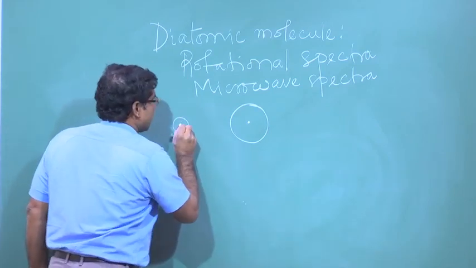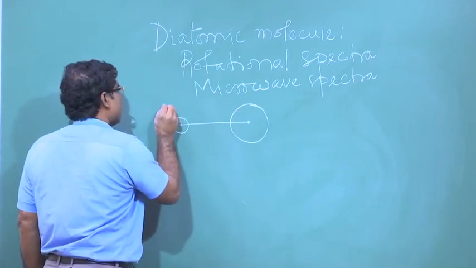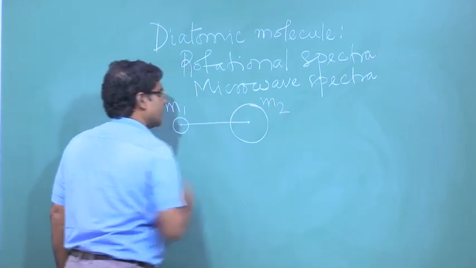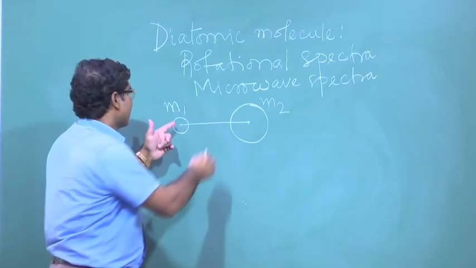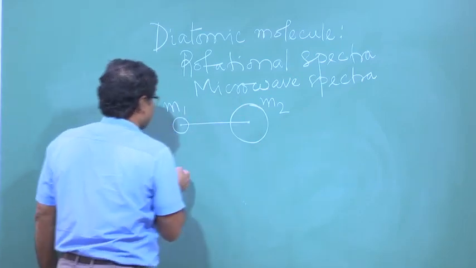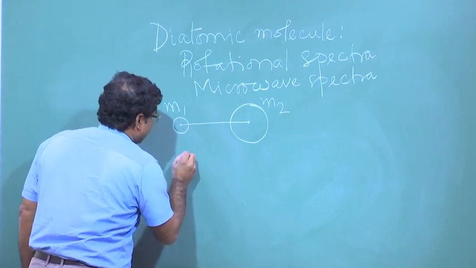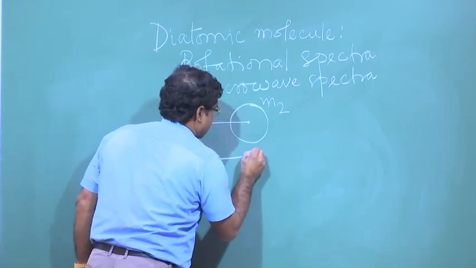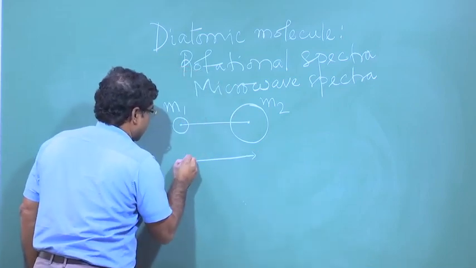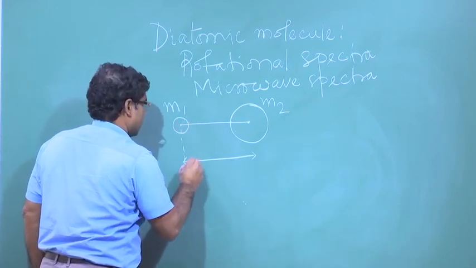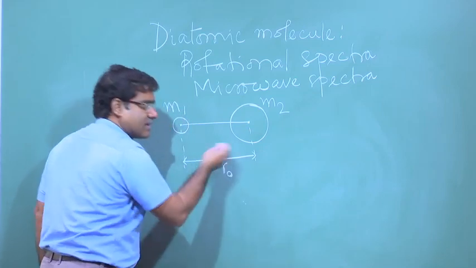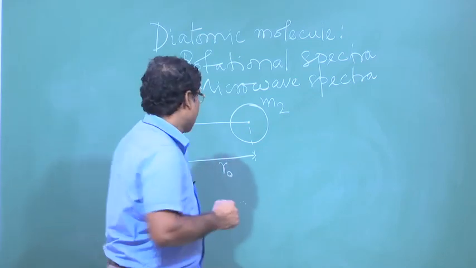So, one is M1 and another is M2, and their separation is R0, that is basically the bond length.